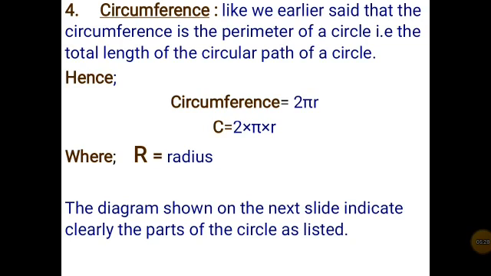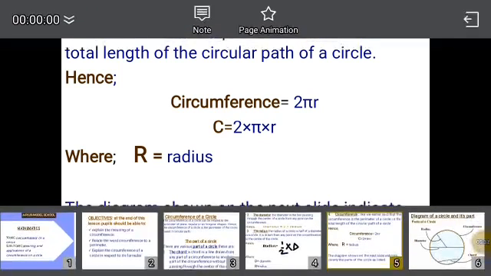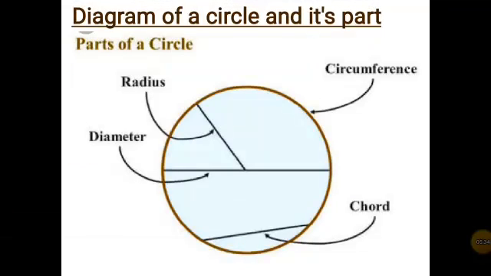Now let me explain the circumference in relation to its formula with that diagram. You see this diagram, the round part of it is called the circumference. Now you see half of a cycle is a pi, which is equals to 180. Therefore the total round part of a cycle is 360°.